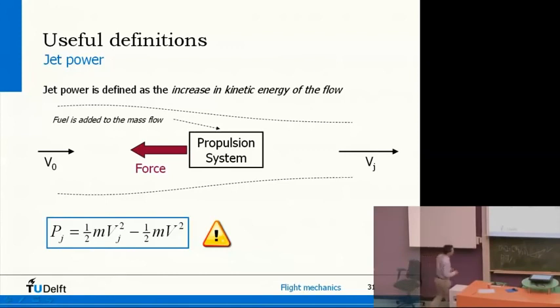Now, as I said before, m is kilograms per second, so m there is a mass flow, so that's basically energy per second you see there. So it's a change of kinetic energy per second. Pretty straightforward, and that's what we call jet power. Now that's an important one, because you can imagine that after the plane has passed, the air is moving backwards. You've accelerated it, so you're losing energy in the air, and that will basically affect the performance.